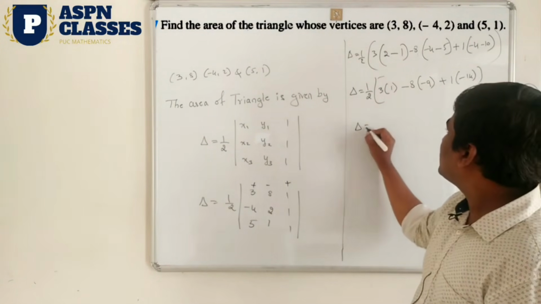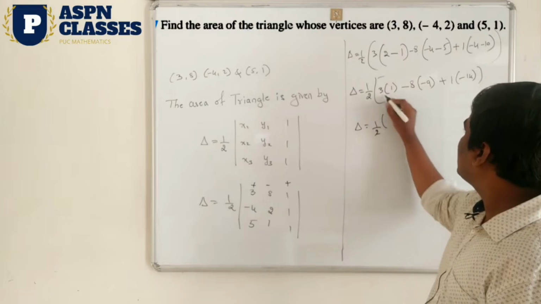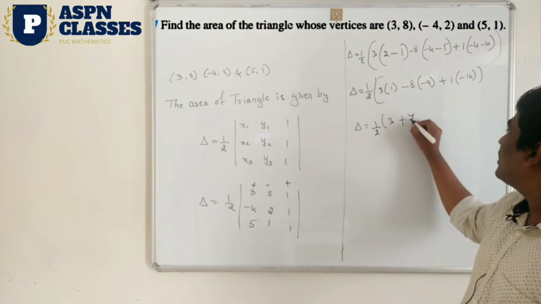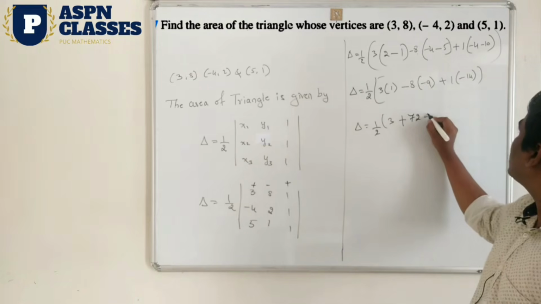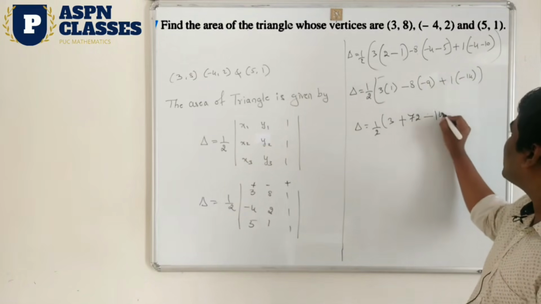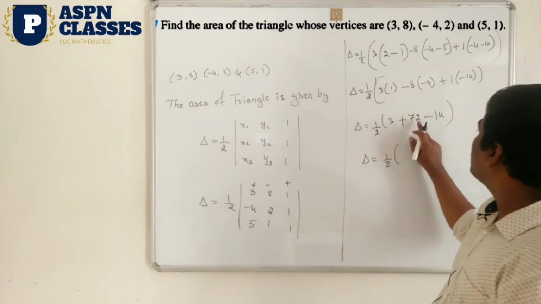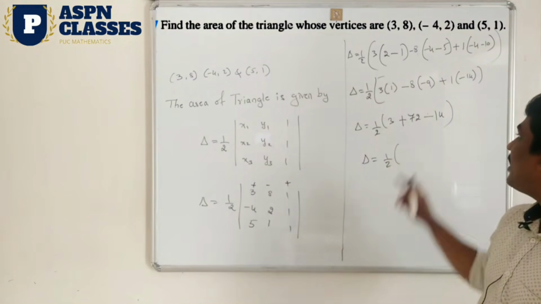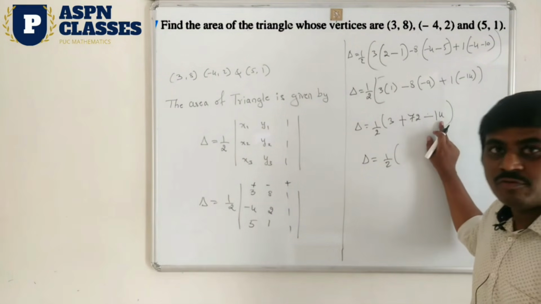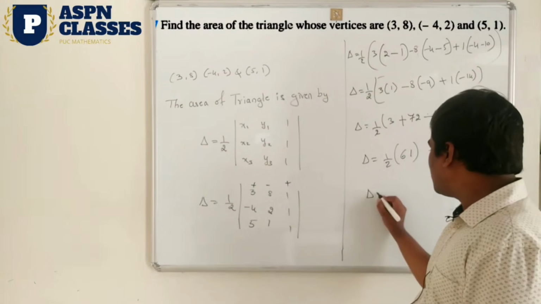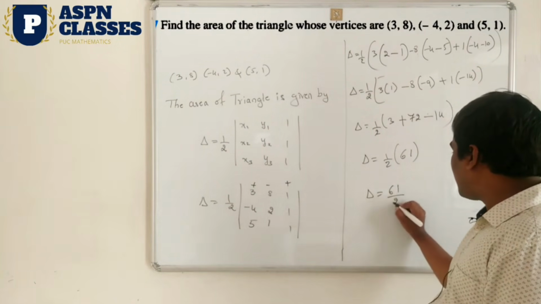So delta is equal to 1 by 2 as it is, 3 plus 72 minus 14 into 1 is 14. Next, delta is equal to 1 by 2 into 72 plus 3, it means 75. 75 minus 14 means 61 is the answer. So delta is equal to 61 divided by 2.